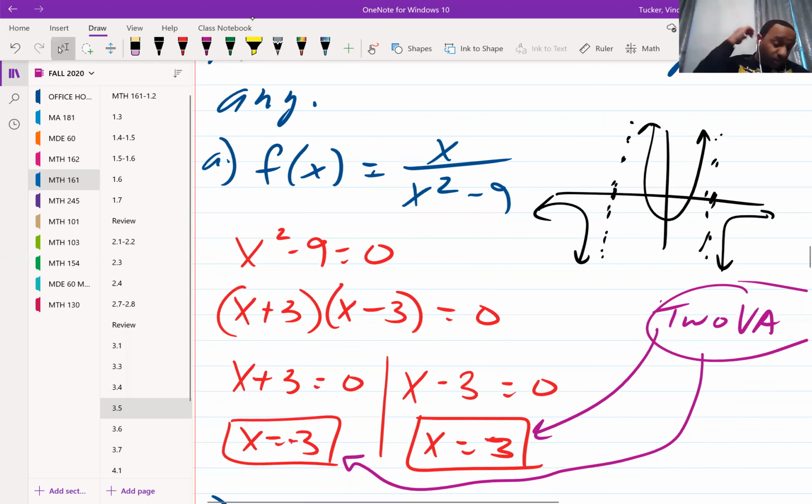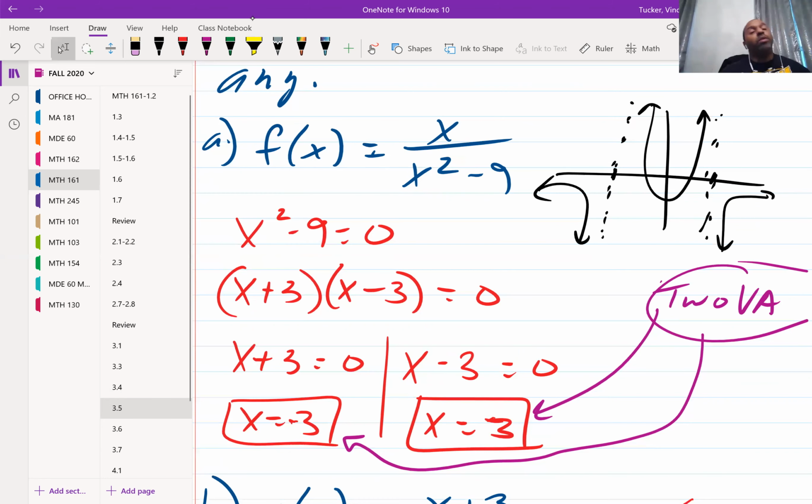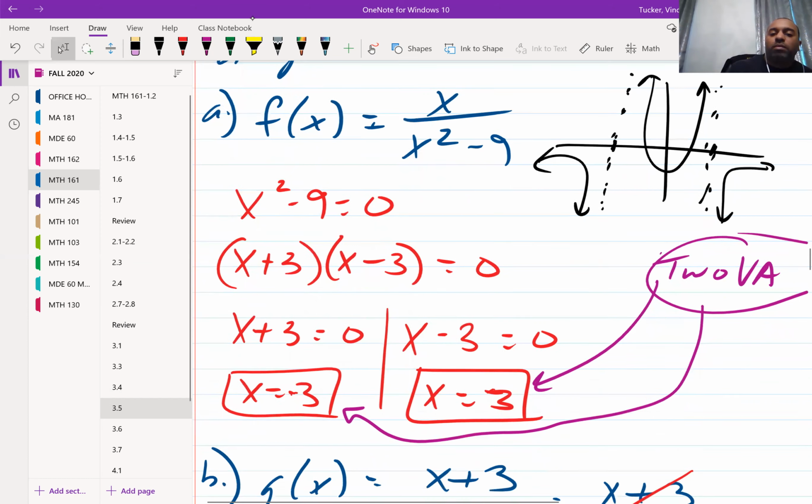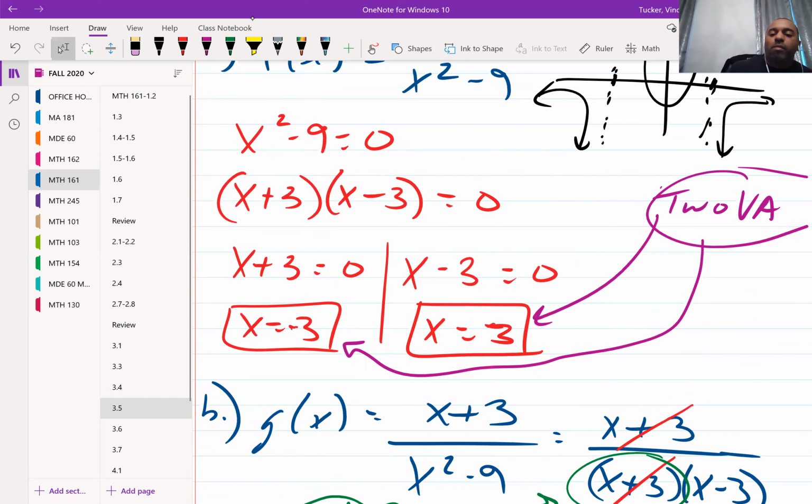So you have two vertical asymptotes, one at x equal to negative 3 and one at x equal to positive 3. Any problems? All right, everybody good with A?